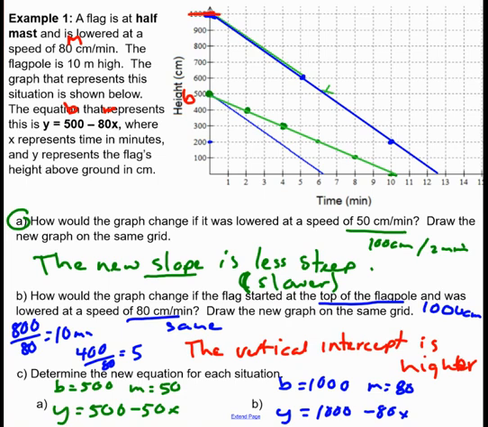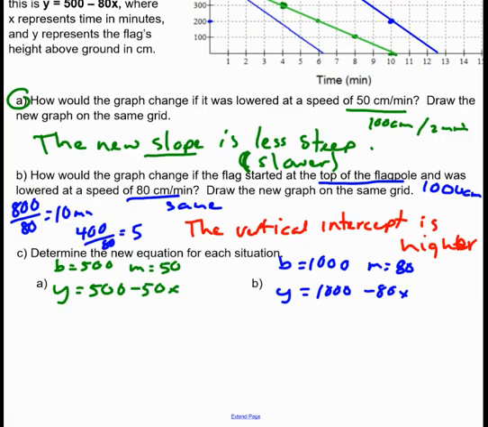So some things we can notice is we remember some terminology like this is the coefficient. So the coefficient changed. This is the constant.